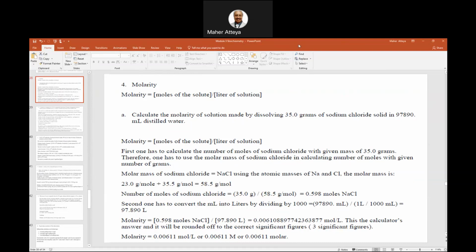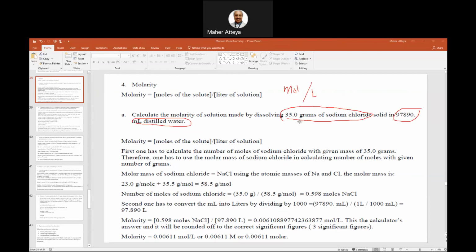It said, calculate the molarity of a solution made by dissolving this much sodium chloride in that many milliliters of H2O. We said molarity, the unit is mole per what? Liter, correct?